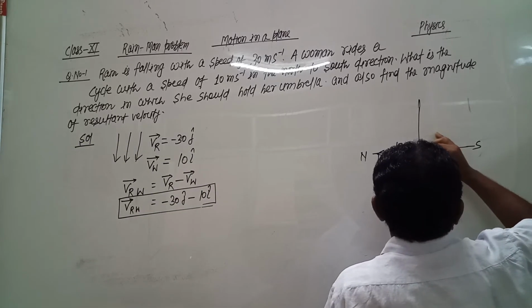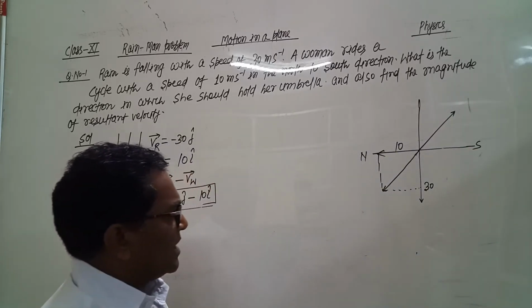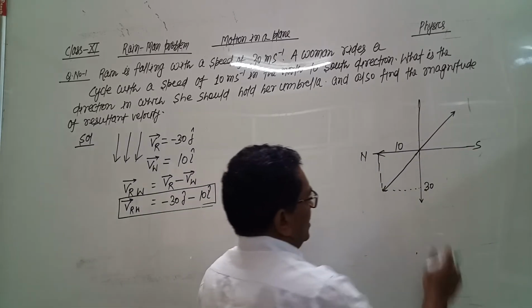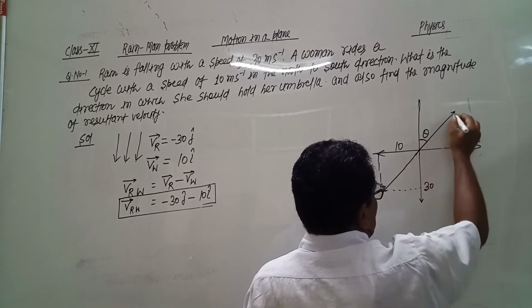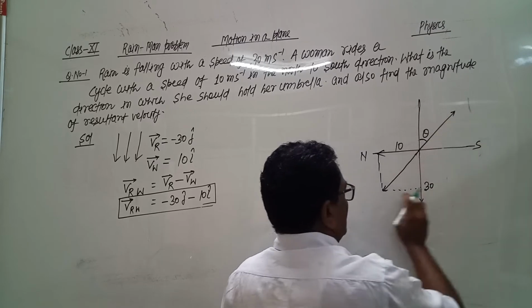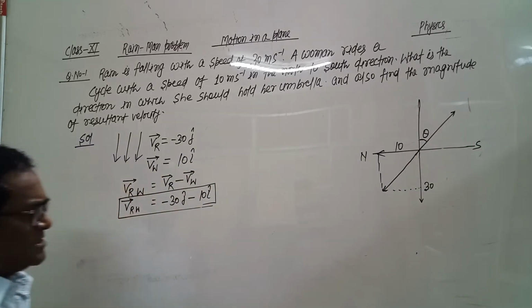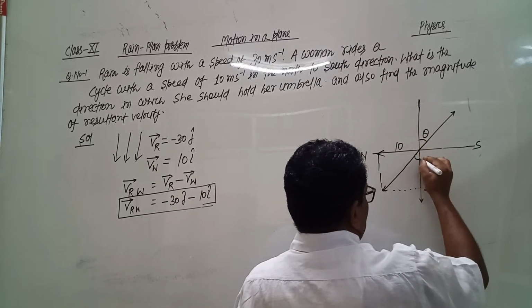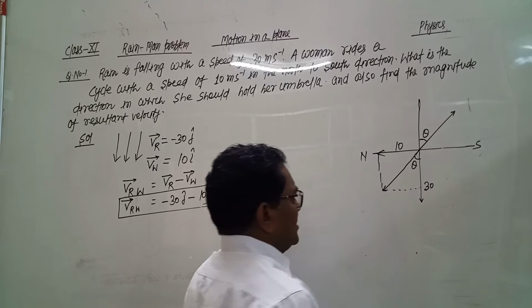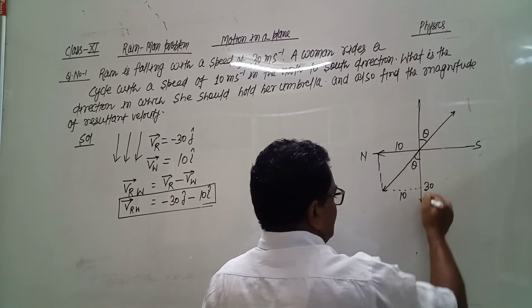The direction in which she holds her umbrella is theta degree inclined to the horizontal, because this is the direction of the resultant. If this angle is theta, then this angle will also be theta. This is 10, then this becomes 10, and this is 30.